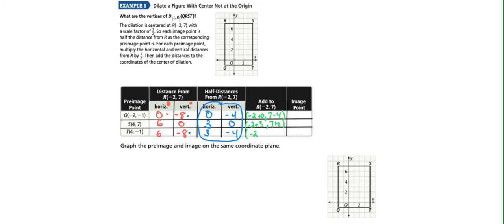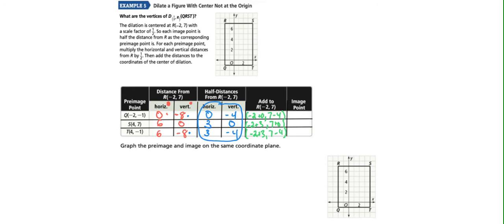And then -2 from our R again, plus 3, and then 7 minus 4. This will give us our final image points for Q prime, S prime, and T prime.